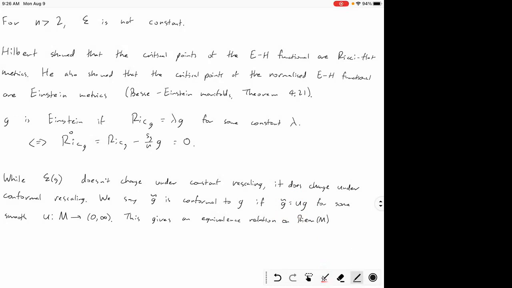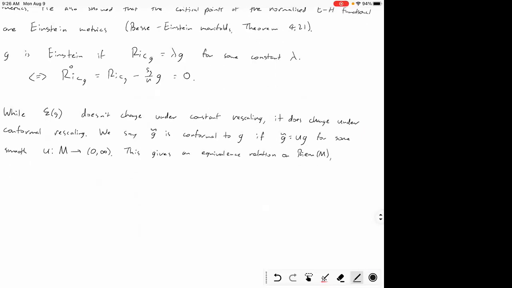So we have an equivalence relation on the set of all Riemannian metrics, and the equivalence classes are called conformal classes. So a conformal class is just a set of metrics where you get each metric by multiplying another by a positive function.